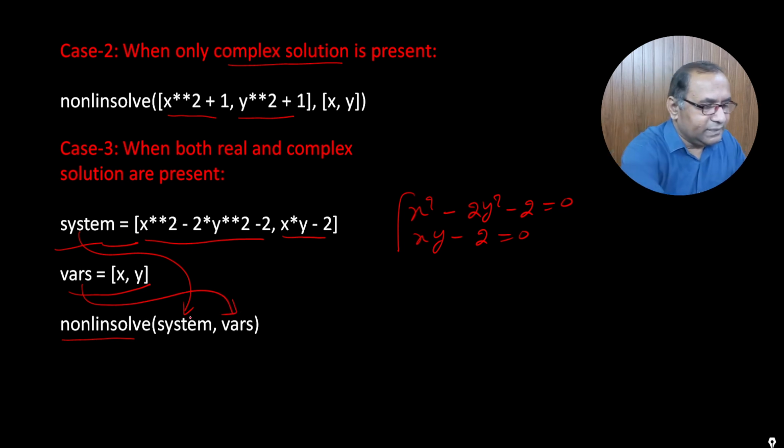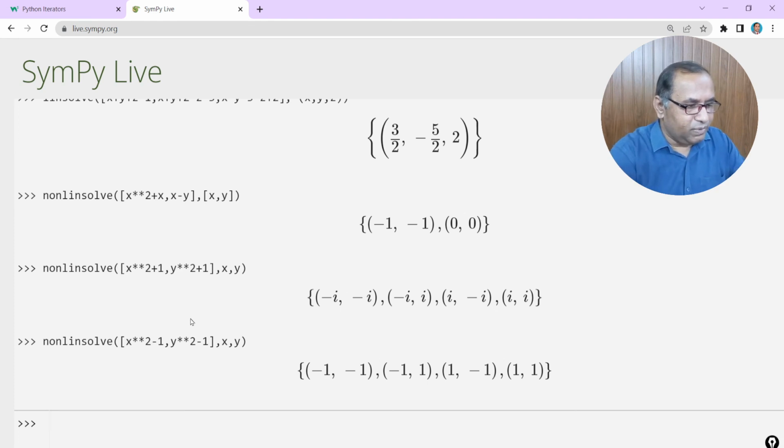See, first we have the system, which is represented by two equations. One is x square minus 2y square minus 2, and the second equation is xy minus 2.